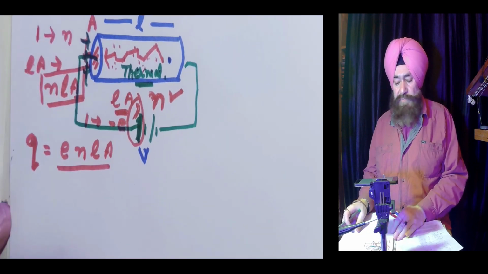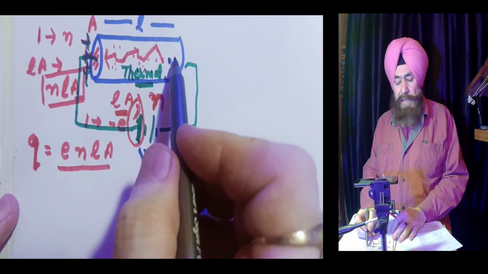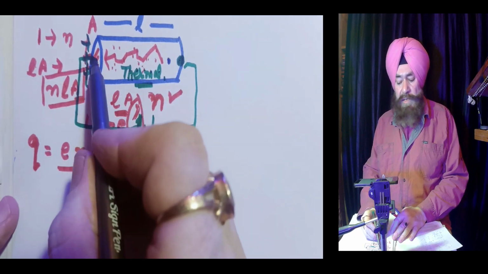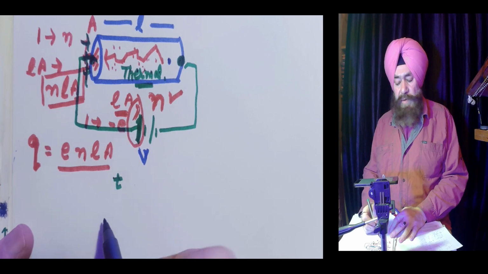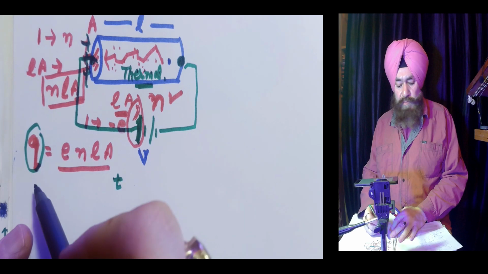Now let the time taken by the electron to move from this end to this end be t, and the charge is q.